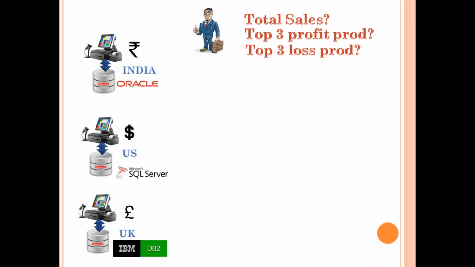If he just sums up the amounts from all these 3 different OLTP systems, the result will not be in rupees, dollars, or pounds. So he needs to convert the data, either rupees into dollars or dollars into rupees, and the same vice versa with the pounds also. Then again, he got a question.